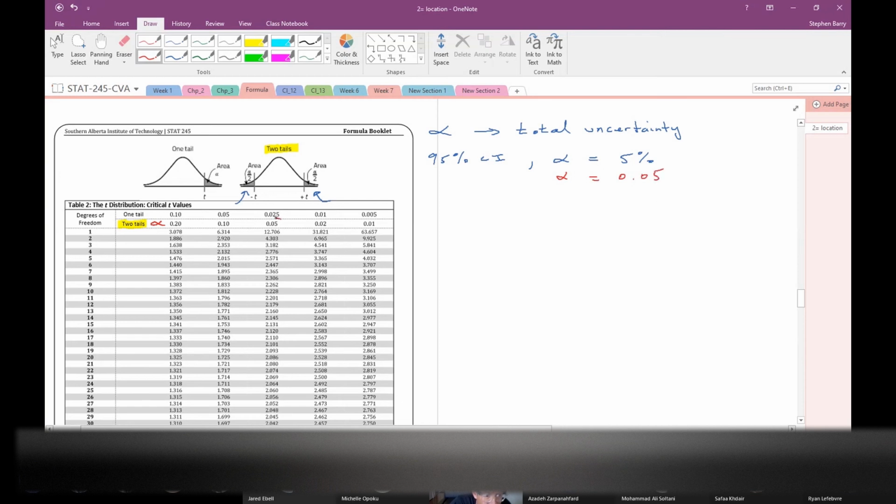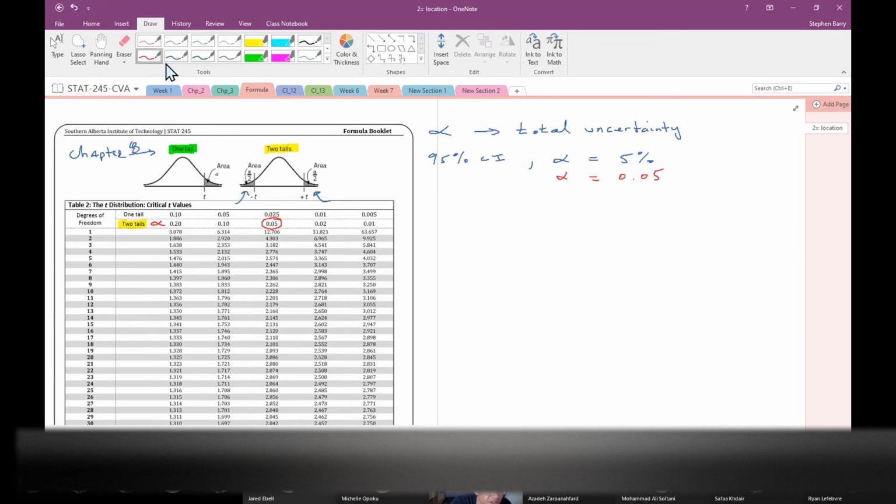You're going to use this value here. This is the total uncertainty for two tails. So that's what you want to use with a 95%. Again, it's a little confusing. Here they divide it in half if it was one tail, and again, it's a little misleading. We're only going to use one tail in chapter 8. That is for hypothesis testing, when you want to know if something's bigger or smaller than it was before. One tail is only chapter 8, when we talk about that next week.